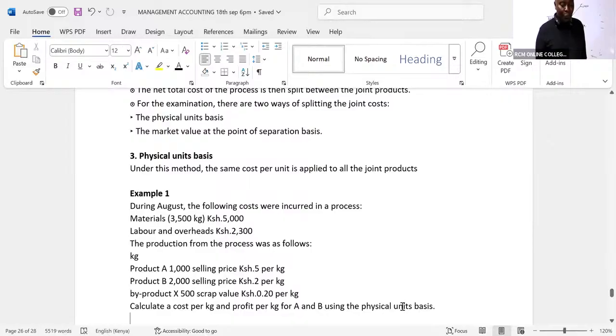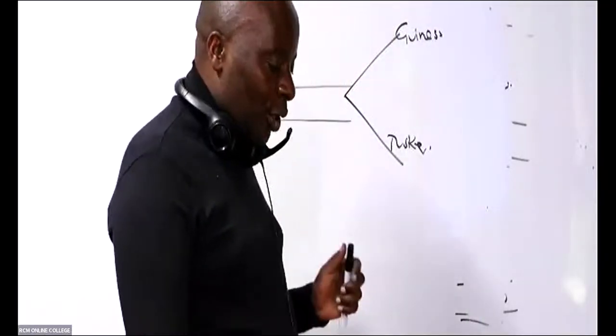So, ladies and gentlemen, the first thing that I will do is to recognize that this is a question of multiple products being produced. And what is the total joint cost? You can see into this process, we've put in materials worth 5,000 and labor worth 2,300. So whenever you see multiple products being produced, please go ahead and give us the joint cost.